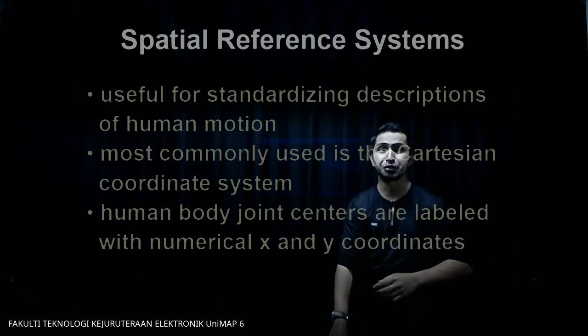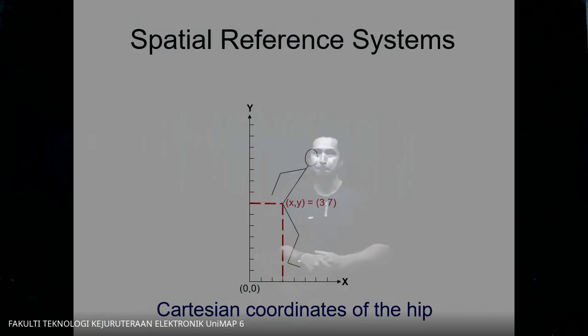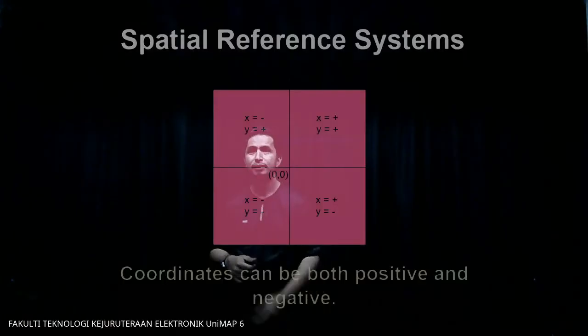So what is spatial reference system? Again, you have Y axis, you have X axis. So the origin is 0, 0. And then if you want to see the position X and Y, then it will be like this lah. So 1, 2, 3. So X is 3. The height is 1, 2, 3, 4, 5, 6, 7. So Y is 7. So we will write it as 3, 7, X and Y. Okay, very straightforward.